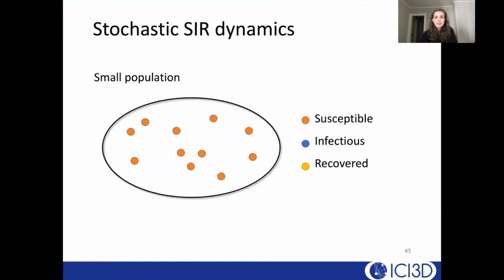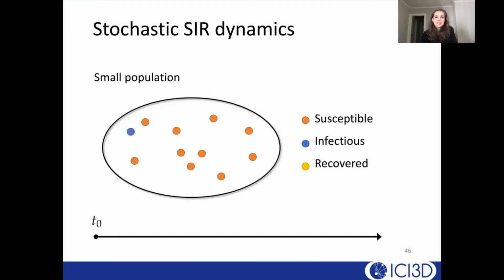So for a diagram of what this looks like as it plays out, I have drawn a small population of circular individuals. Orange individuals are susceptible, blue are infectious, and yellow are recovered.